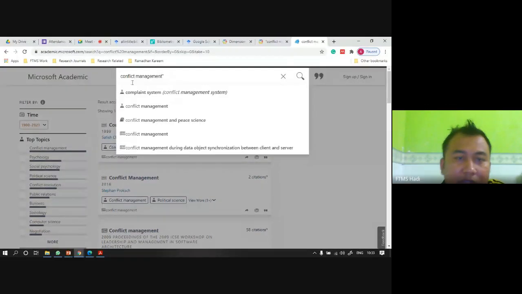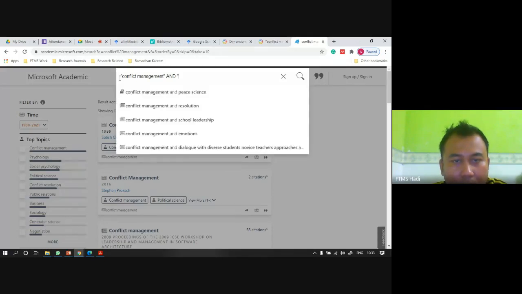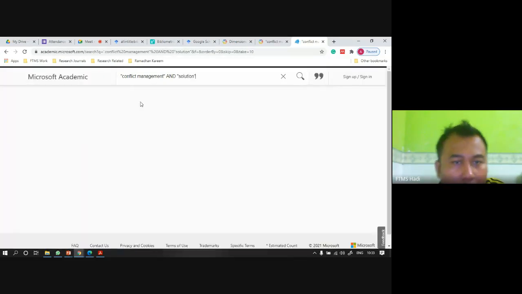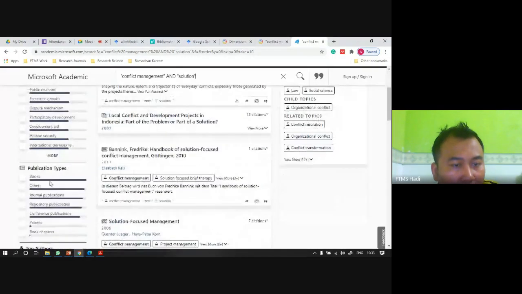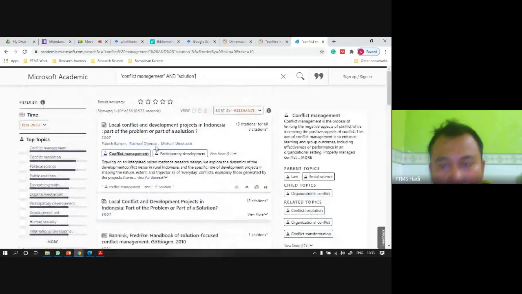You can also add a term like solution. You can filter based on publication types and so on. This is a field code by filters. That is Microsoft Academic, you can go and access that.